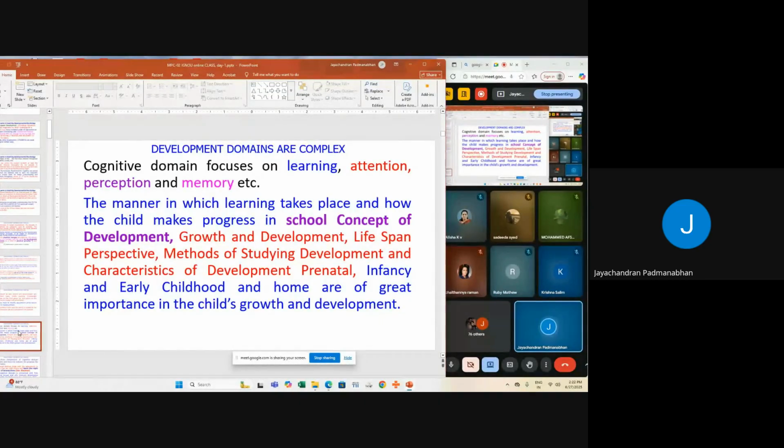So the manner in which learning takes place and how the child makes progress in school, concept of development, growth and development, lifespan perspective, methods of studying development, and characters of development, prenatal, infancy and childhood, and at home are of great importance in the child's growth.